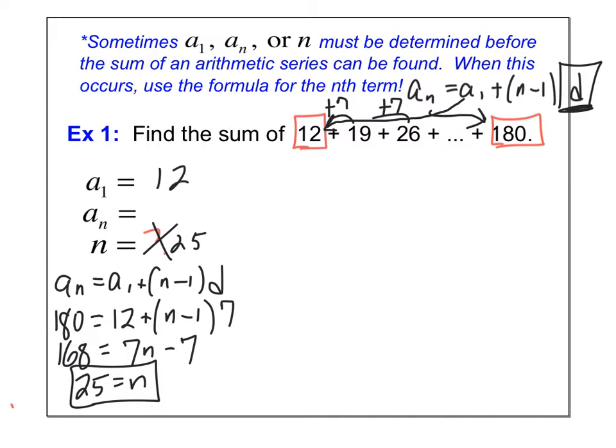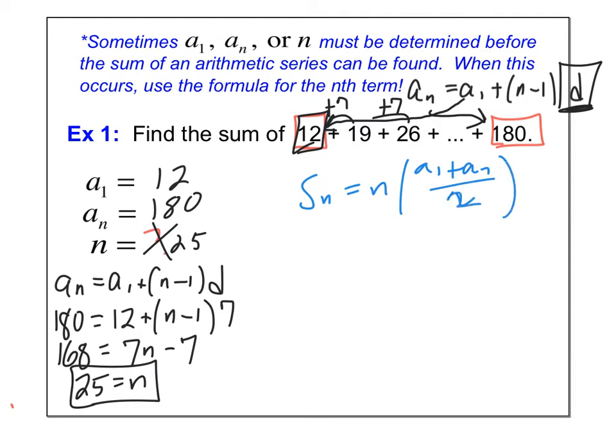The first one is a sub 1, that's 12, and then we said that the nth term there is 180. Now I have everything that I need to move forward with this equation for the series, which is n times a sub 1 plus a sub n over 2. Okay.